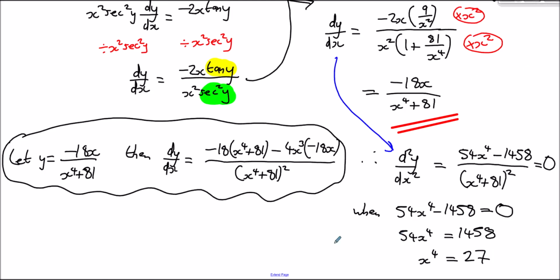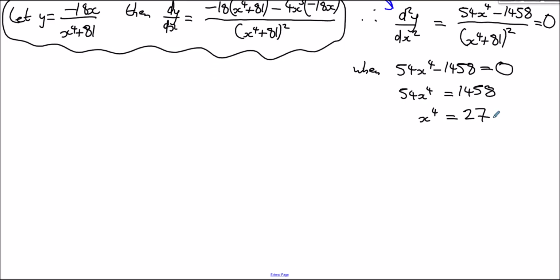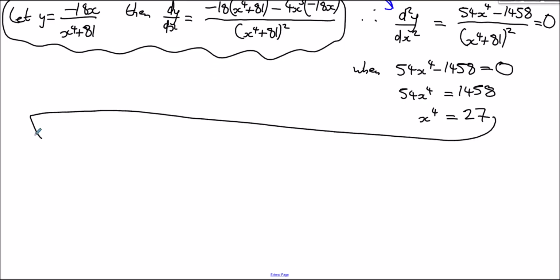So therefore, finally solving for x, d squared y over dx squared equals 0 when x equals, if I take the fourth root of both sides here to solve this, the fourth root of 27.